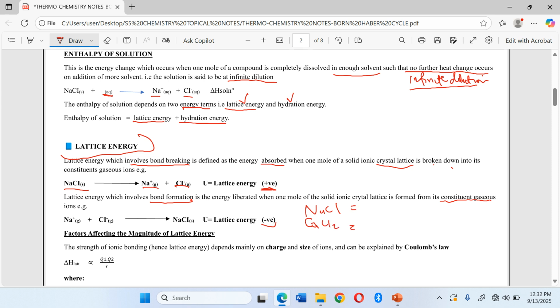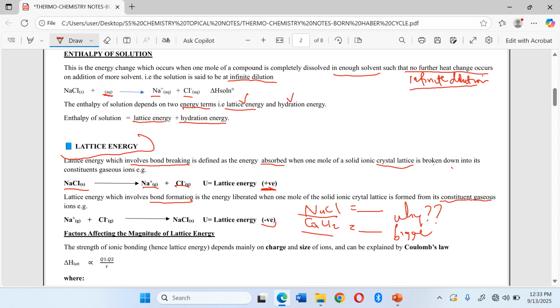The lattice energy for sodium chloride is different from that of calcium chloride, and the question is why? What brings the difference, and which one is bigger? Between sodium chloride and calcium chloride, which one has a bigger lattice energy? Those are the two things we want to see.